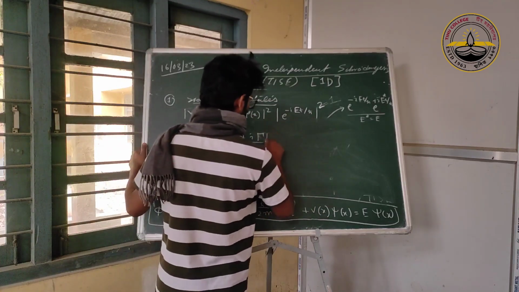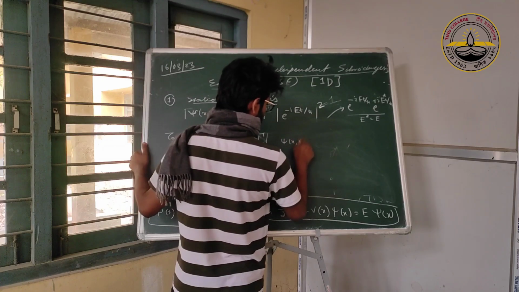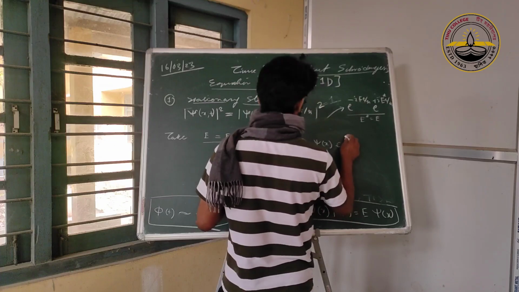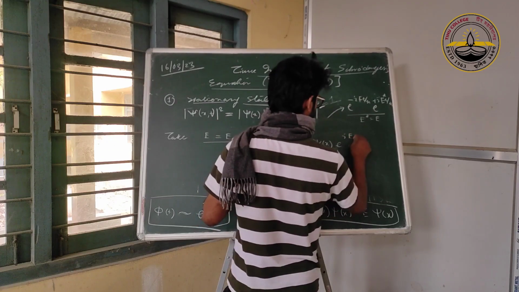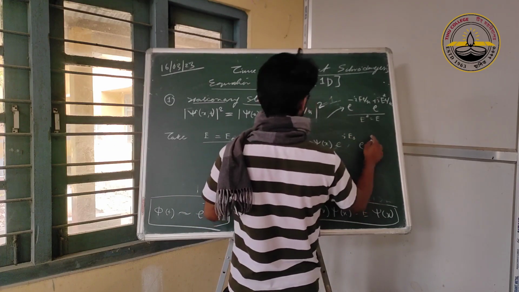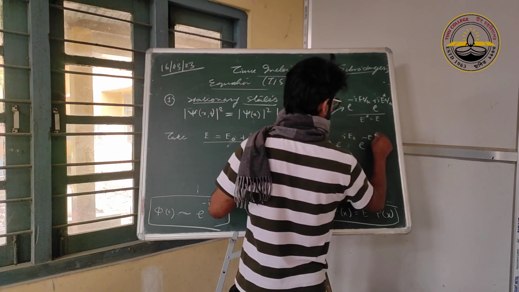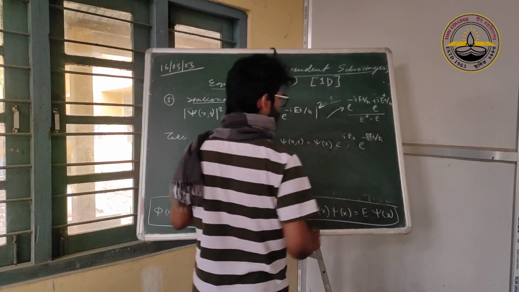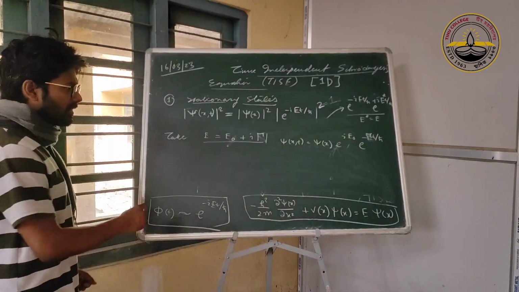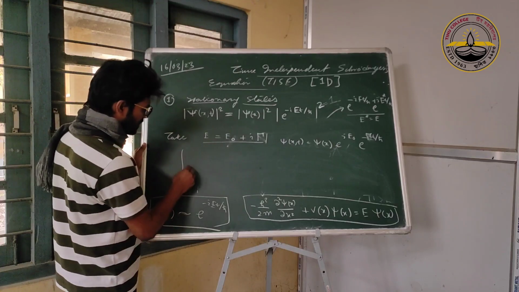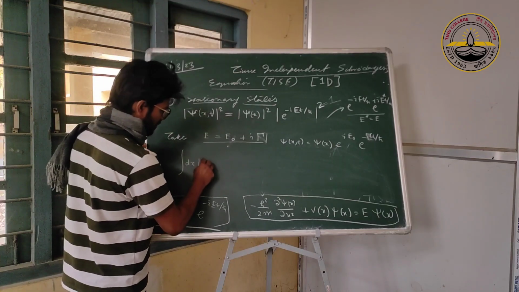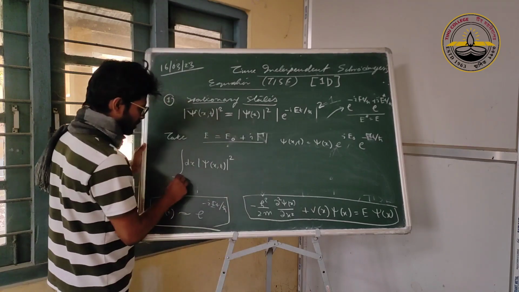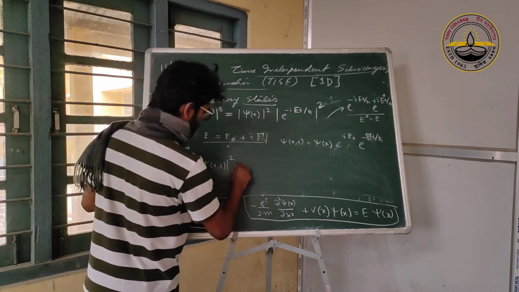So then psi x t equals psi x, and then e to the power i E naught, and e to the power minus i i gamma t by h cross. And then prove that to maintain this condition, remember the normalization condition, this is equal to 1.